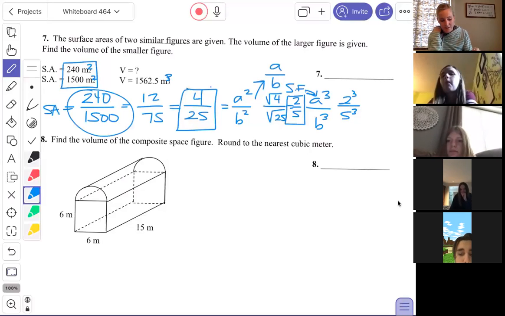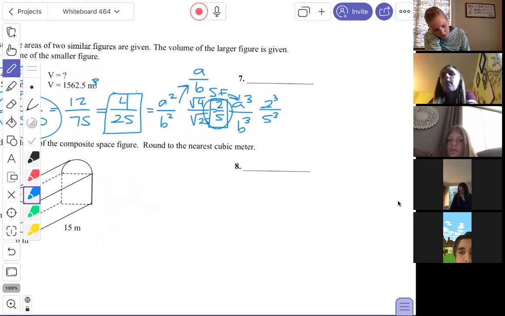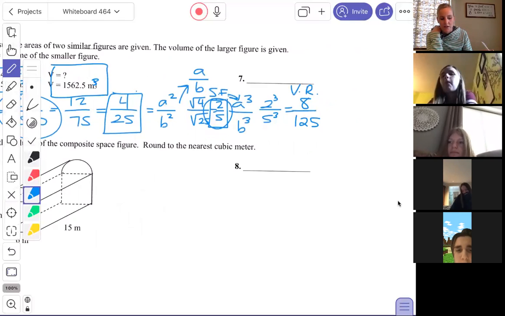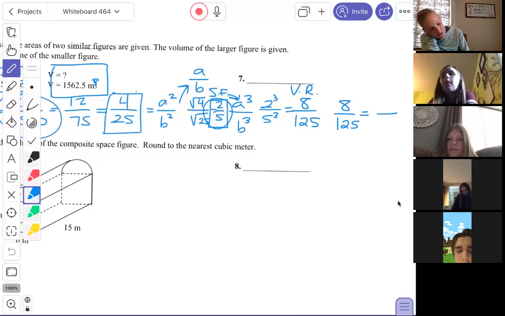So then from here, you take that 2/5, cube both parts, so you get 8 to 125. So this is your volume ratio. You take your volume ratio and you make a ratio with the numbers that you were given. So it's 8 over 125 equals, and then we would just call this X, and they gave us the bigger one, so it has to go across from our bigger here.